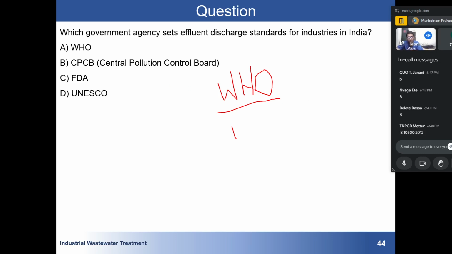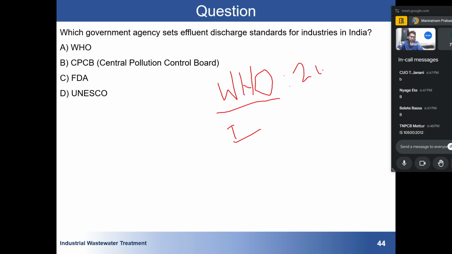Generally both are the same. There are some contaminants where there is a difference. I don't recall where the difference is between WHO and Indian standard, but you will always see two things. First, the IS code, and the WHO drinking water limit as per 2017.